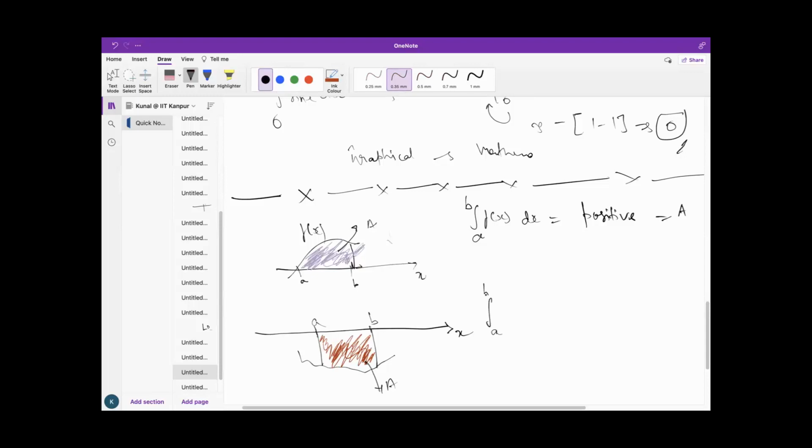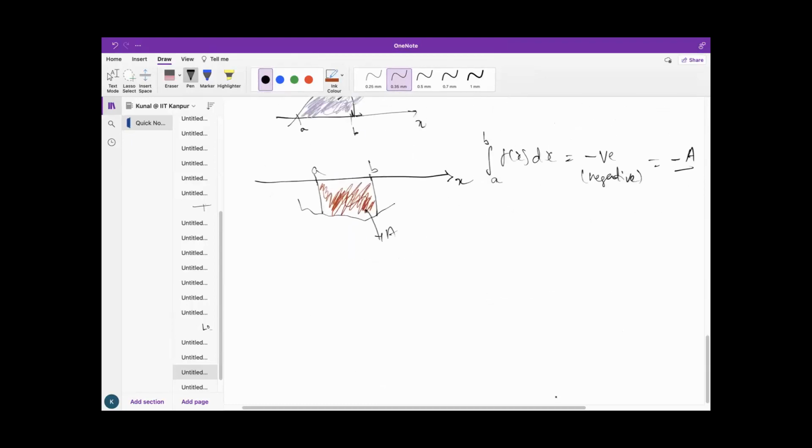So integration from a to b of fx dx is negative because it lies below the x-axis, and its value is minus A. Okay, so this thing you have to keep in mind. I hope you'll all understand what I'm trying to say.